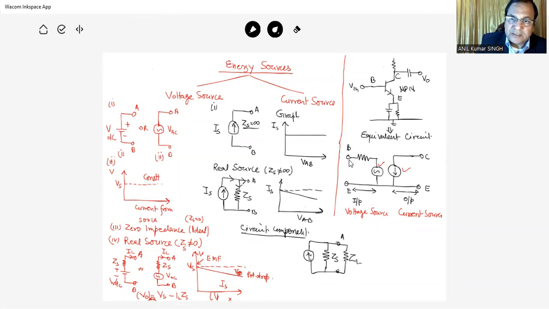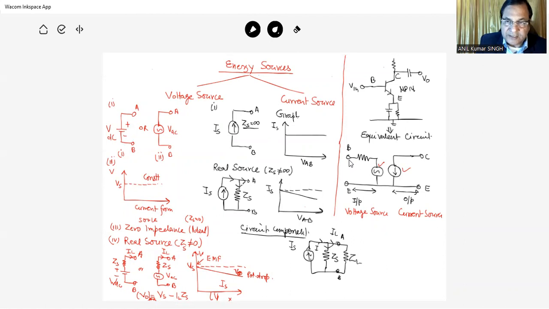This is point A, this is point B, and the load is attached to these points. So this current is divided into two parts: IS, and the load current IL flowing this way.